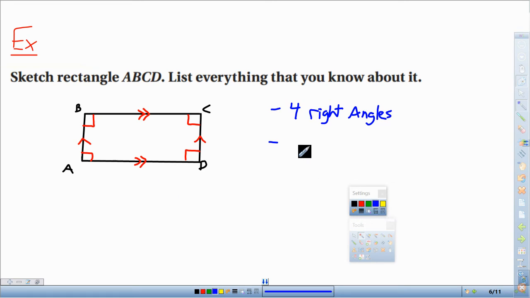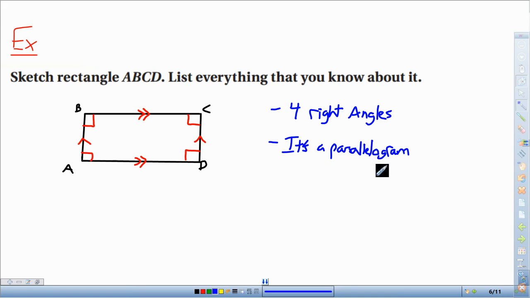So it's a parallelogram, I always mess up that word, meaning opposite sides parallel.